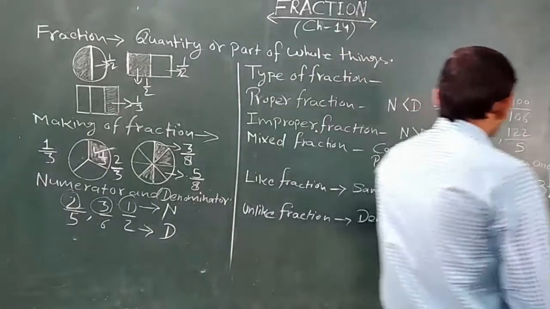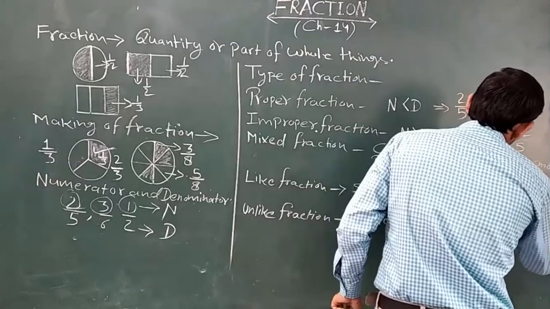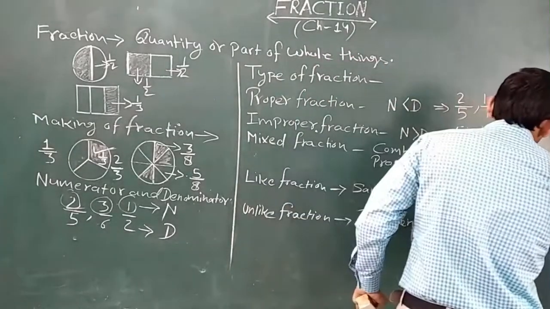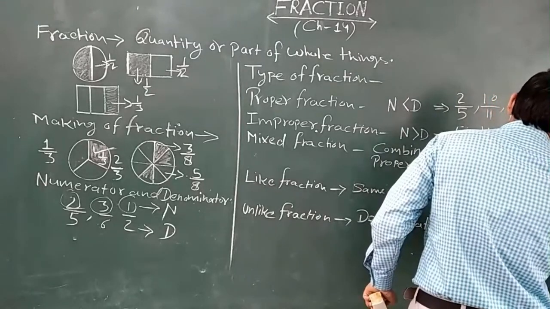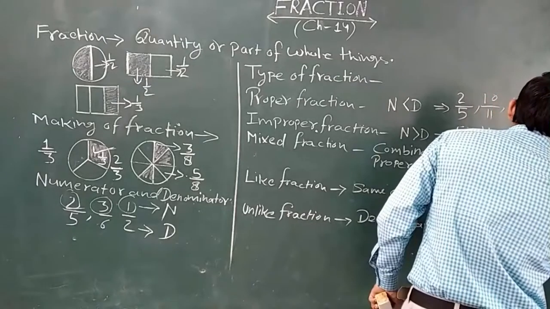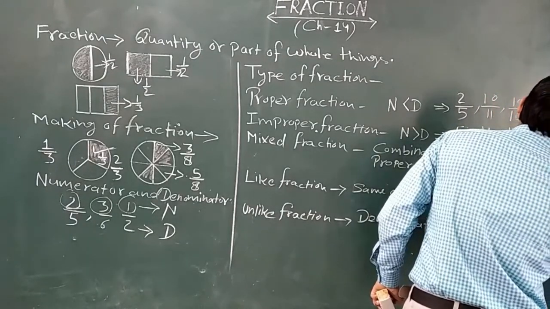Now I am writing some mixed fractions here, like 3 whole 1 by 2. This is a mixed fraction. 1 whole 1 by 2. Okay, now 55 whole 3 by 5.